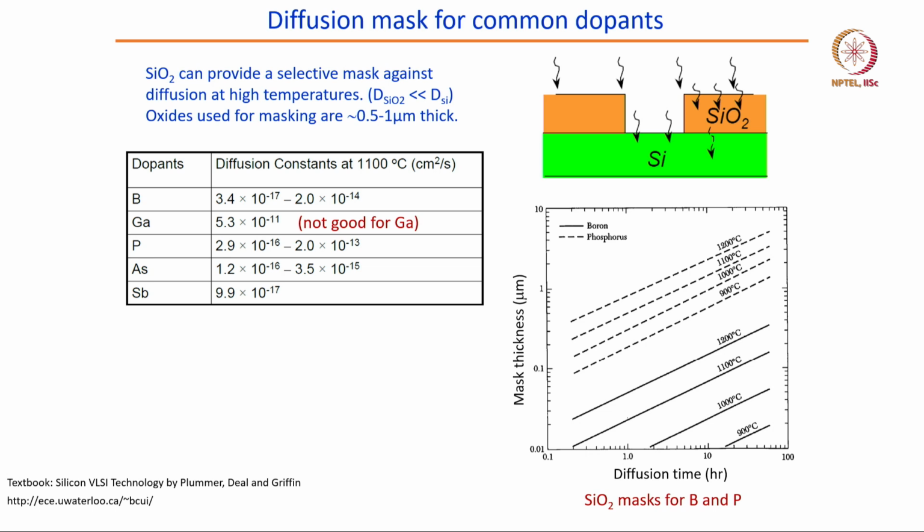It can also act as a good diffusion mask for other materials like arsenic and gallium and so on. What I mean by a mask is that the dopant would not pass through. So, let us take a very quick example.